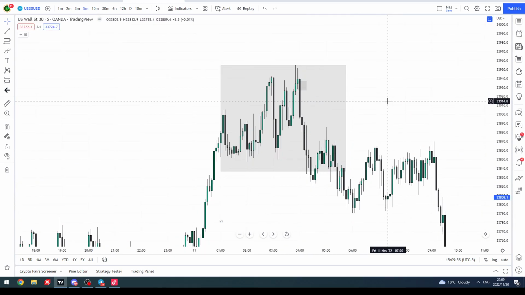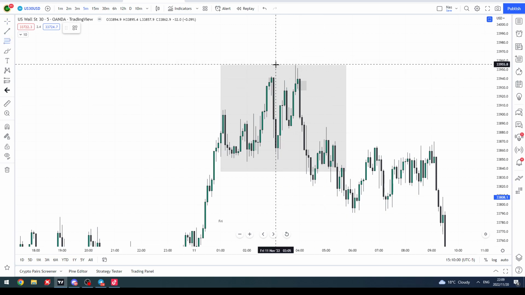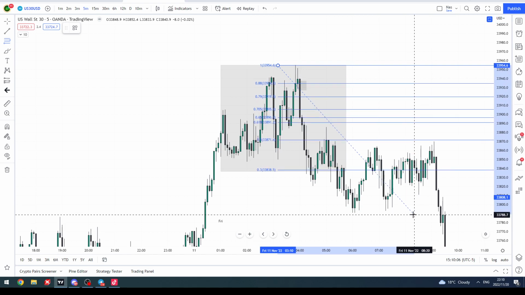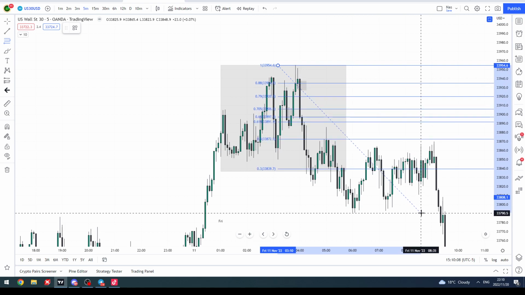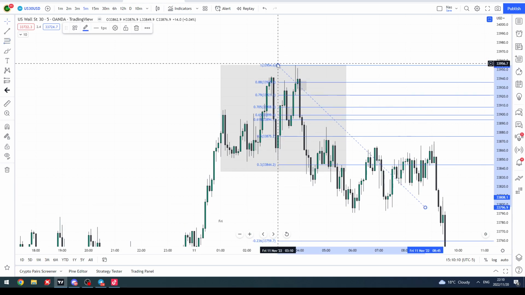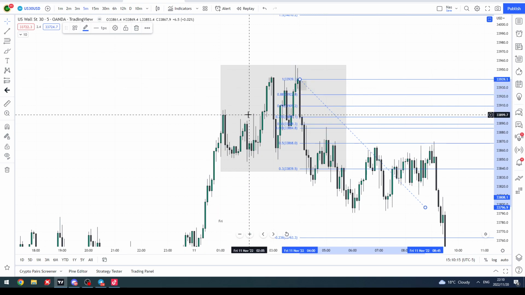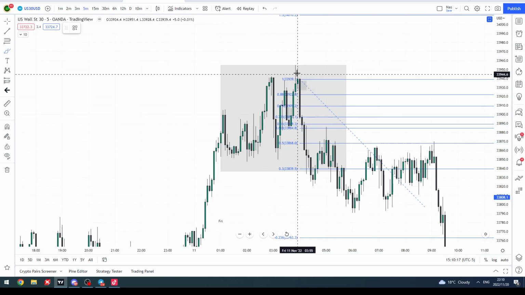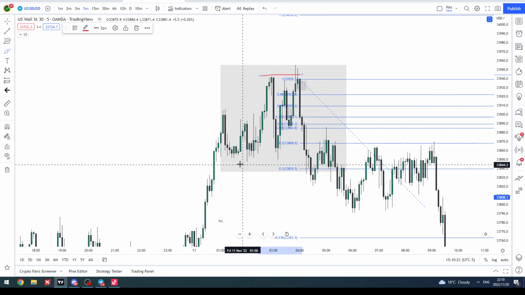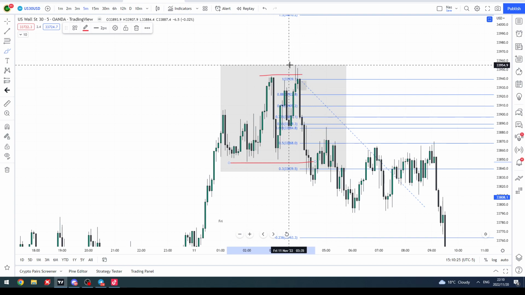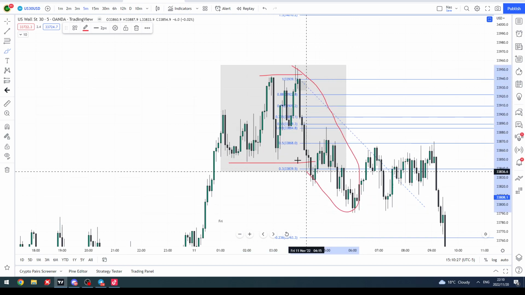Now for precision, what we would have done is we would have waited for the range to form, right? And we would have looked for, let's take it body to body, right? We would have waited for the range to form. So once you had buy side taken out, you had sell side taken out, it gave us this being our dealing range, right?